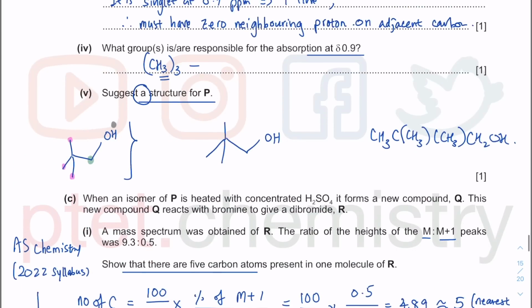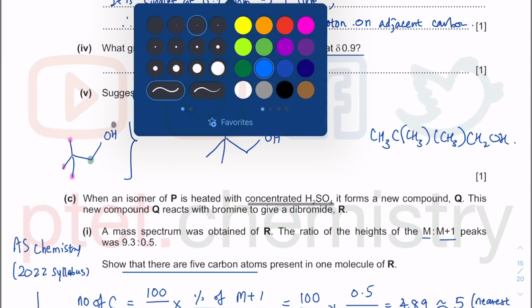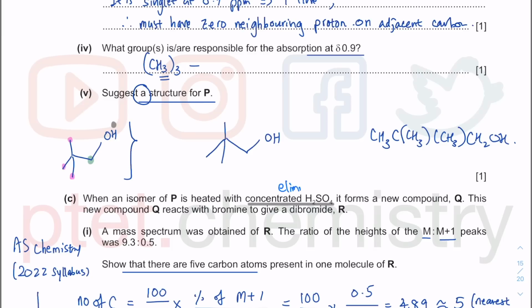When an isomer of P, so P was this 5 carbon alcohol, is reacted with concentrated sulfuric acid, this is going to be elimination chemistry. So this is elimination of H2O from alcohol. And when you eliminate H2O from alcohol, you will get an alkene. You will get a double bond.